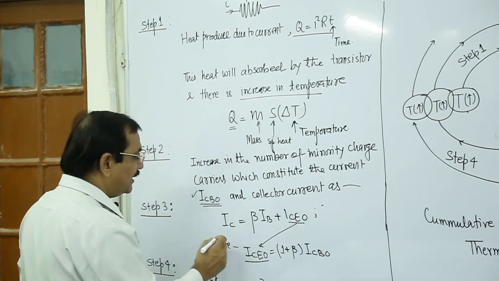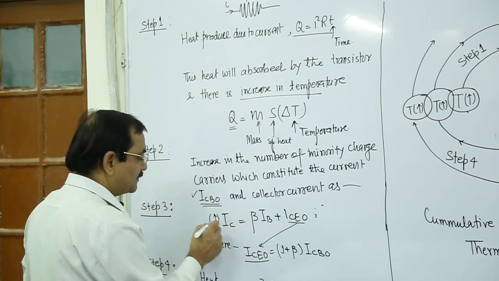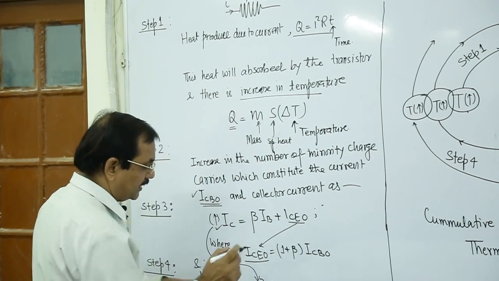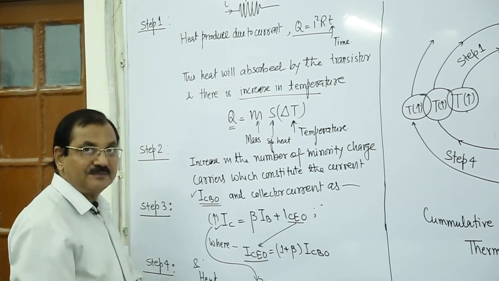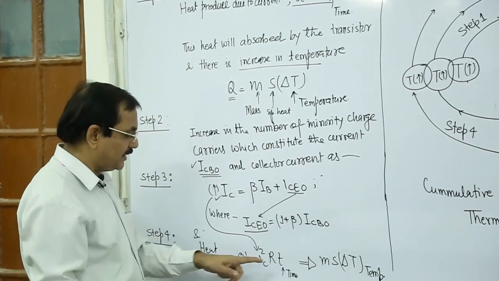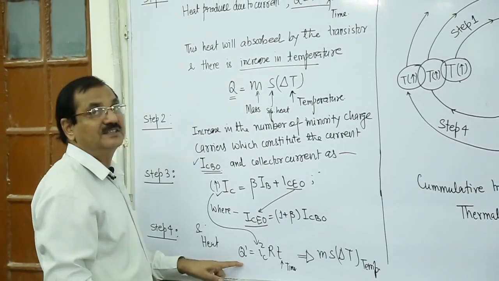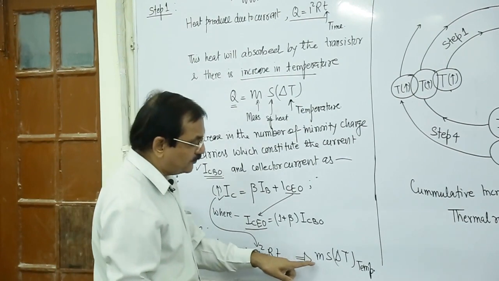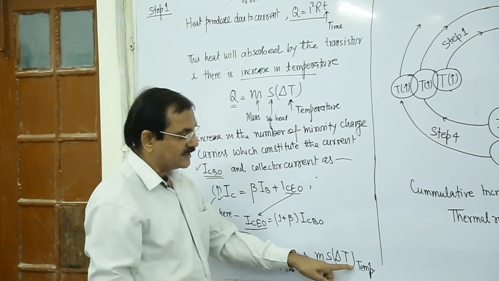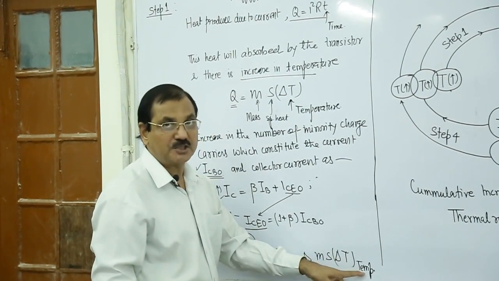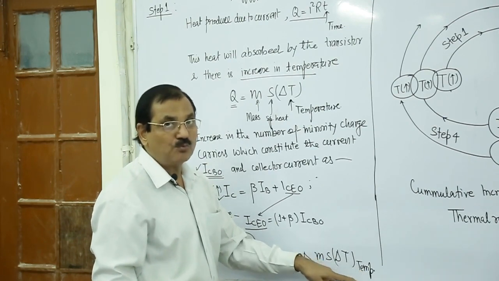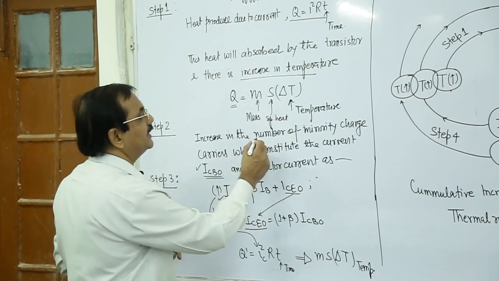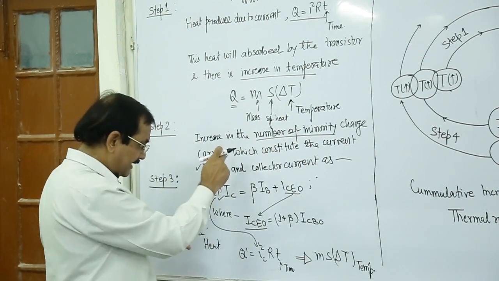And if this increases, the corresponding current is IC, and this IC squared R t will produce more heat. This more heat produces more delta T, a larger temperature difference, and this larger temperature difference again constitutes more minority charge carriers, and again this repeats.